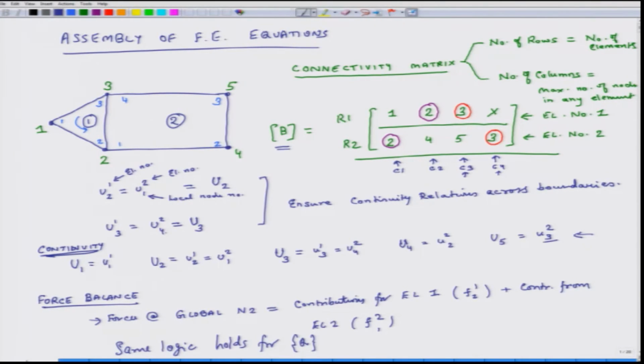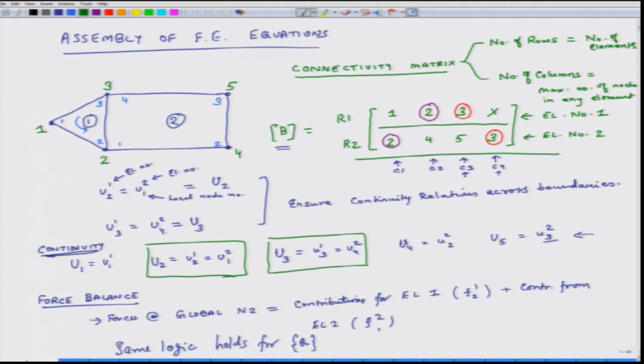Total number of equations will be 7, 4 plus 3. When we do assembly, we will enforce this equality, and we will also enforce this equality.